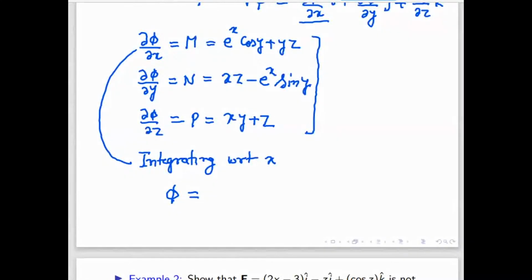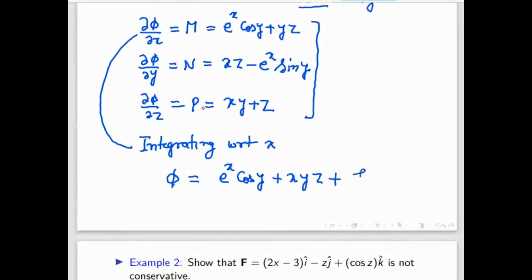So when we integrate this with respect to x, the integration of e to the power x will remain e to the power x cos y, and integration of yz with respect to x will give xyz, plus some constant of integration will come because we are integrating with respect to x. Then the constant of integration will be a function of y and z. So I am calling that constant of integration f1(y, z).